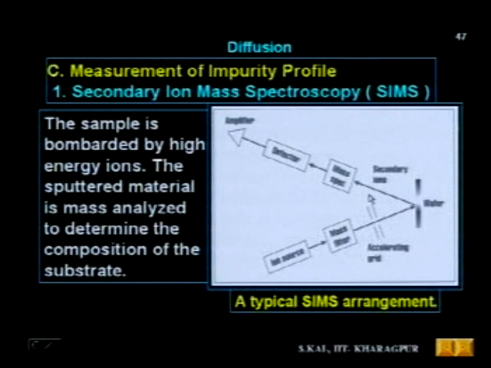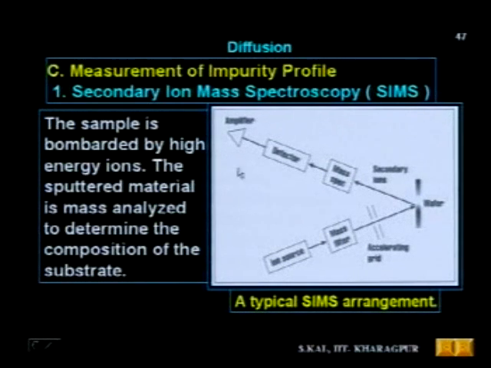The job of the mass filter is to select particular ions of specific mass. The rest of the ions are rejected here. Those specific ions are accelerated using some accelerating grids. These are accelerating grids, and those accelerated ions are bombarded on the surface of the wafer.